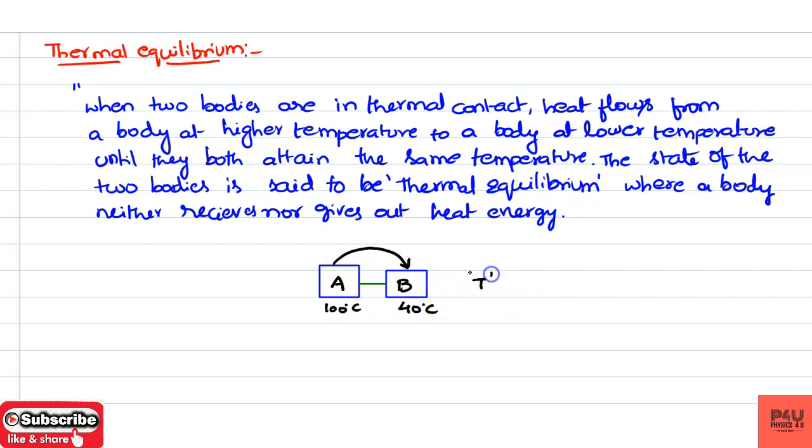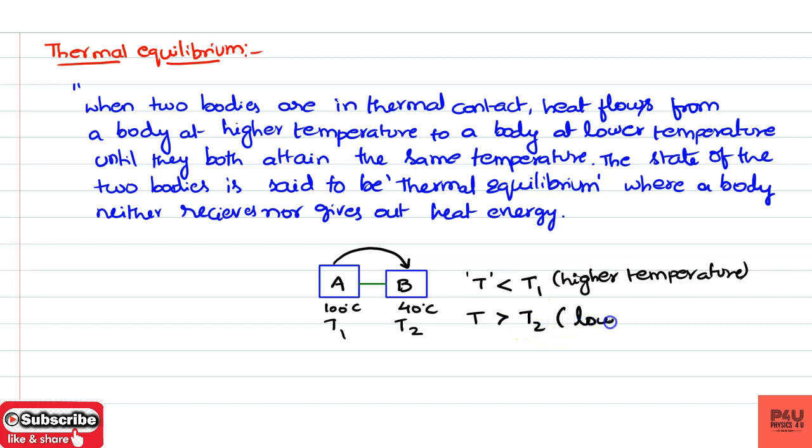Say the final temperature is T. With T1 and T2 as the initial temperatures, this final temperature is always less than T1, because T1 is the higher temperature. And T will be greater than 40 degrees centigrade, that is, T will be greater than T2, the lower temperature.